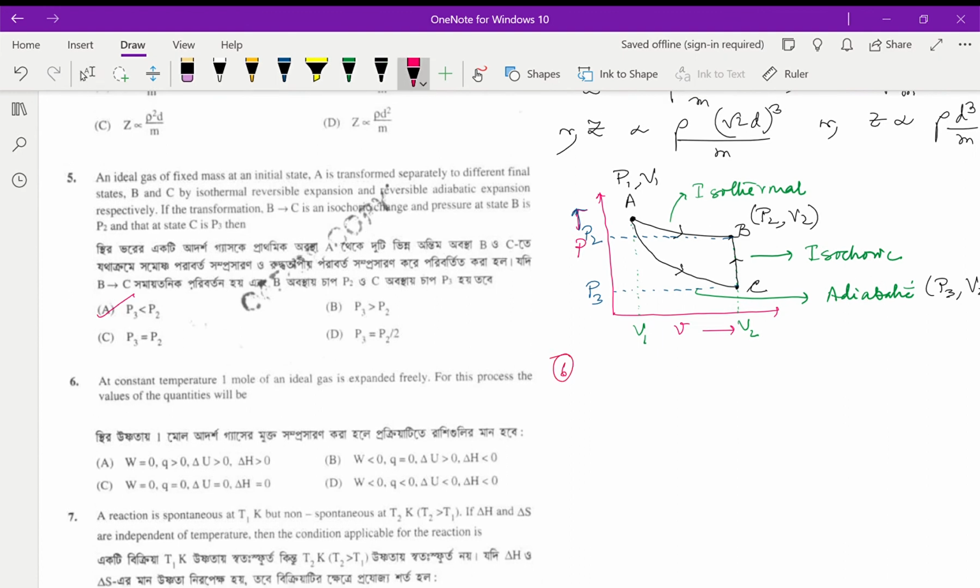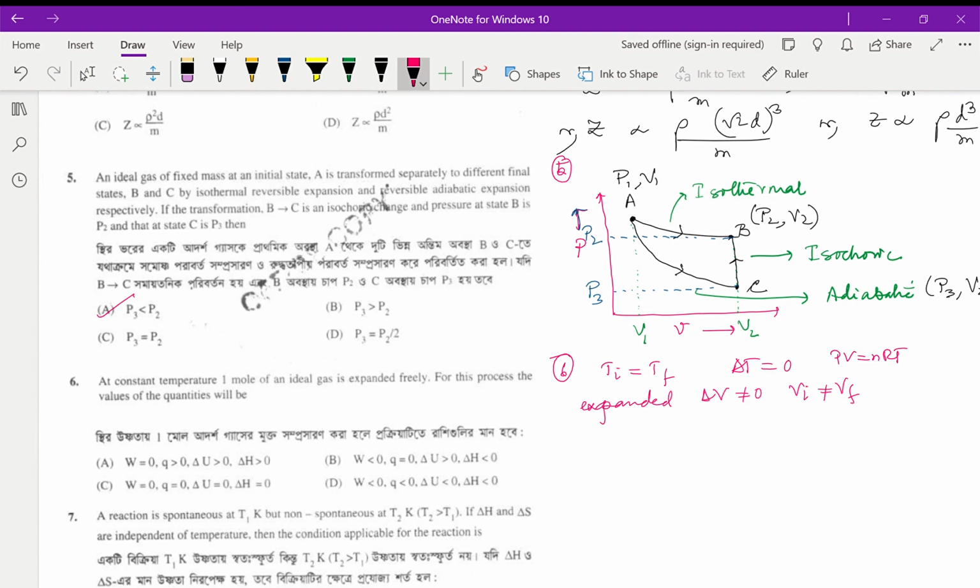So this was question number 5. At a constant temperature, that means T initial and T final both are same. So what is the change of temperature? You will say 0. Ideal gas, that means it is following the equation PV equals nRT, is expanded freely. So it is getting expanded. So obviously delta V out here is not equal to 0, that means V initial is not equal to V final.